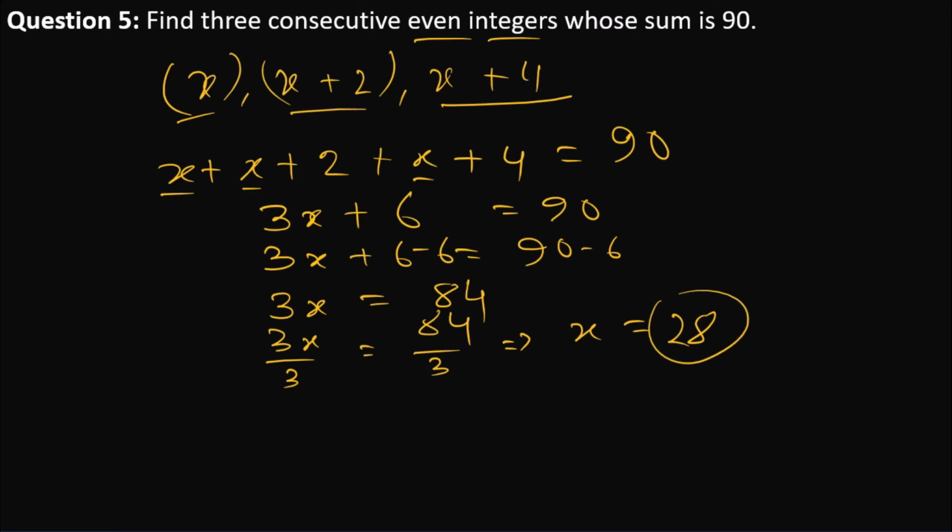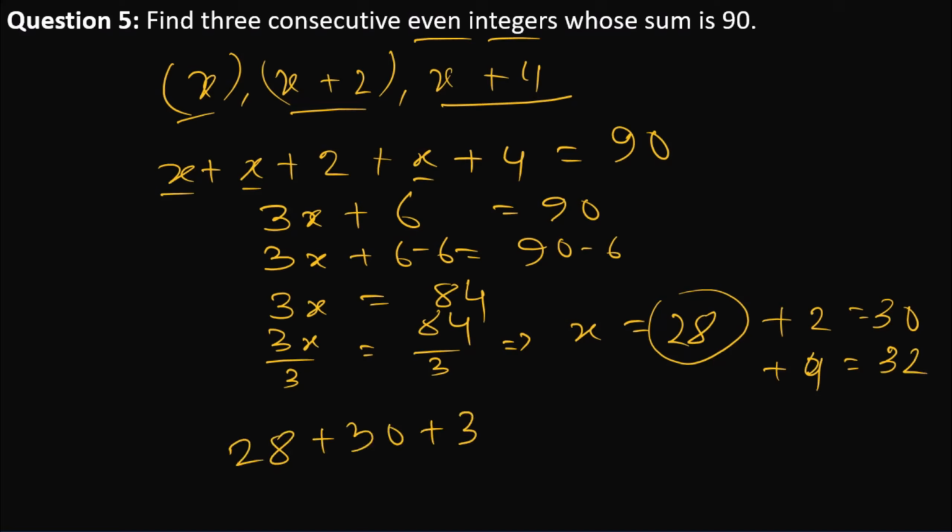So our first number is 28, the second number will be 30, and the third number will be 32. So 28 plus 30 plus 32 will be the summation.